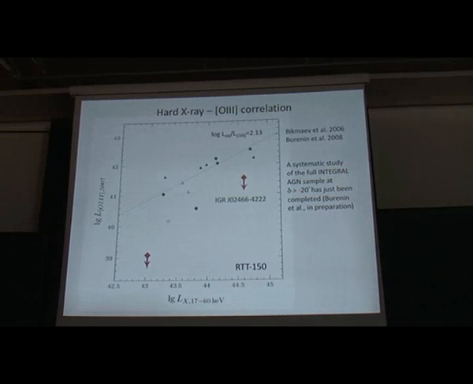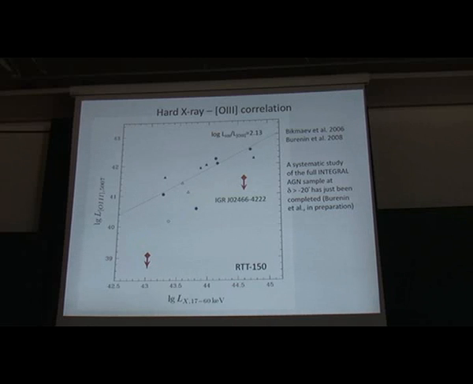Okay, then another interesting thing that we can do with the sample of AGNs which we see with INTEGRAL is to study and to check AGN unification models. The AGN unification model assumes that you essentially have the same spectrum of the central engine, but you observe different shapes of AGNs just because of the different viewing angle.